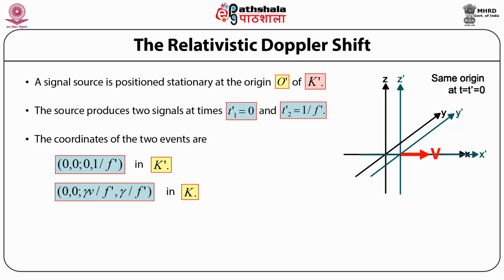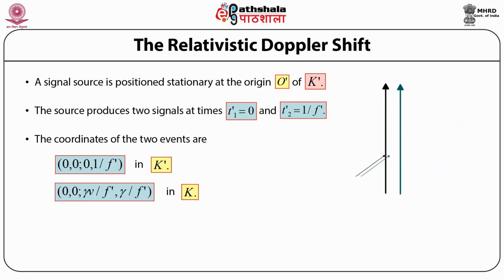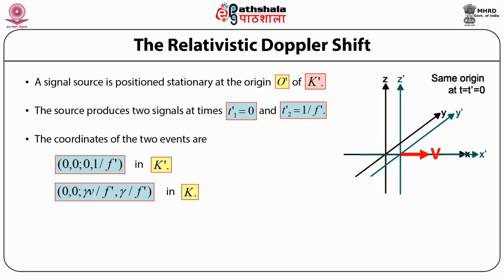Similarly, in the k frame of reference, these coordinates appear to be (0, 0) and (gamma times v by f prime, gamma by f prime). So here we have done the Lorentz transformation to get the coordinates in the k frame of reference.